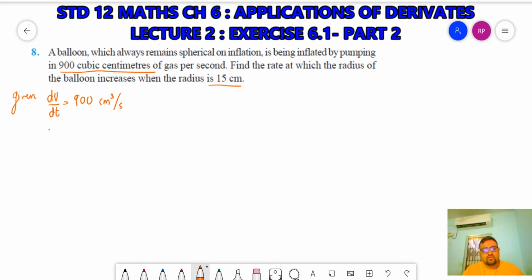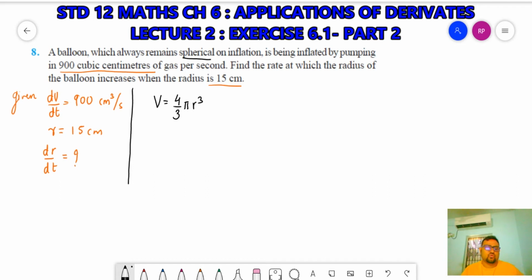Radius is 15 centimeter, at that time you have to find out the rate of change in radius. Now, as it is spherical, what is the formula of volume of sphere? V equal to 4 by 3 pi r cube.